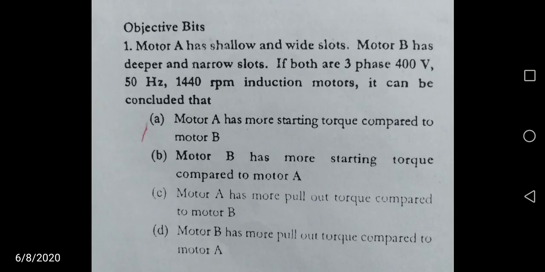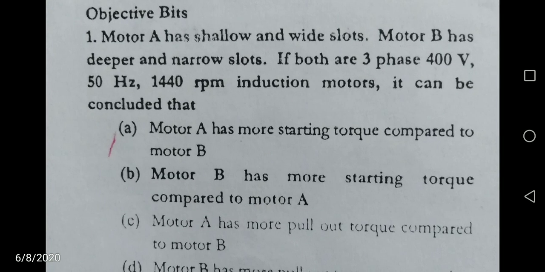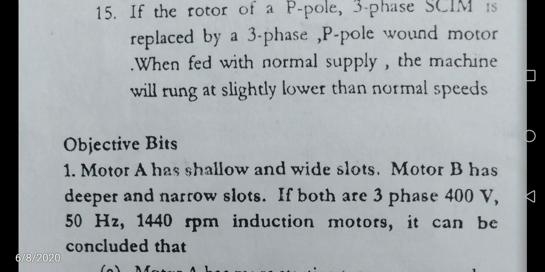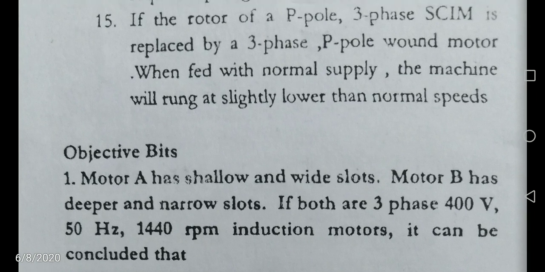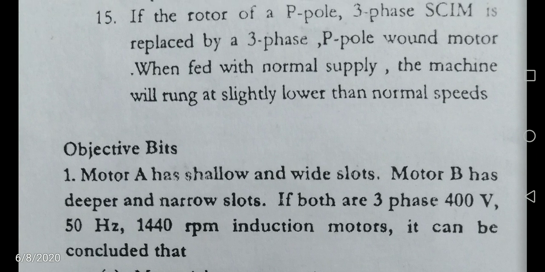So now the objective bits. Note down that motor A has shallow and wide slots. Motor B has deeper and narrow slots. Both are three-phase, 400 volts, 50 Hz, 1440 RPM induction motors.